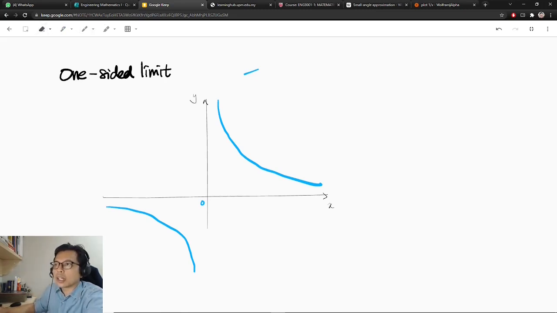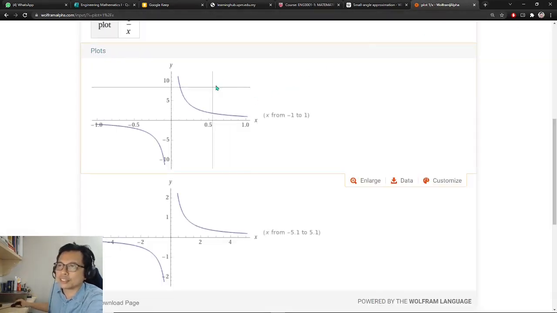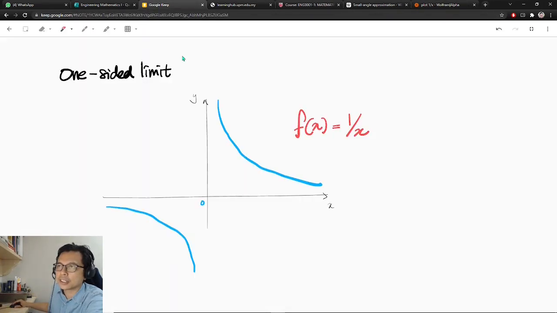So what I mean by one-sided limit is this, look at this example here. This function is f(x) equals 1 over x. So that's the function. I'm just sketching there to prove my point.